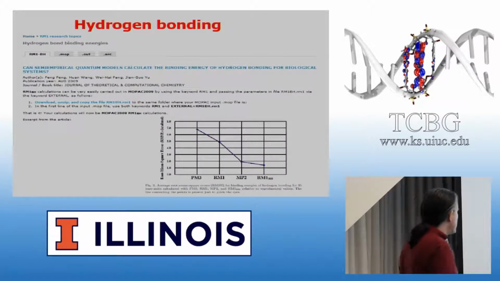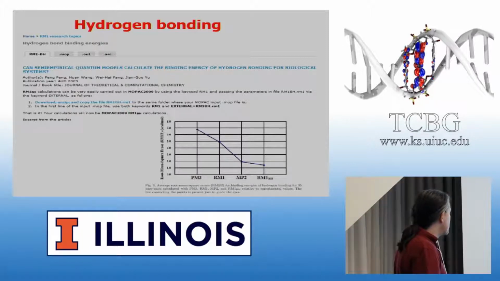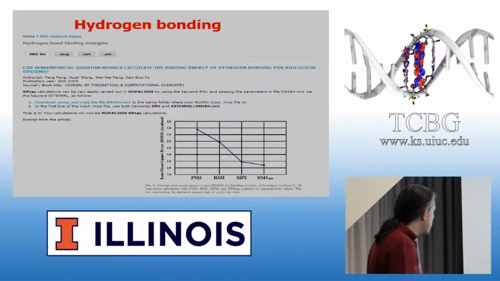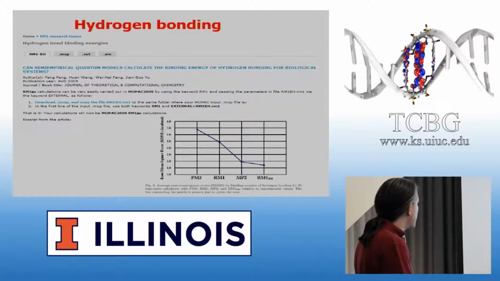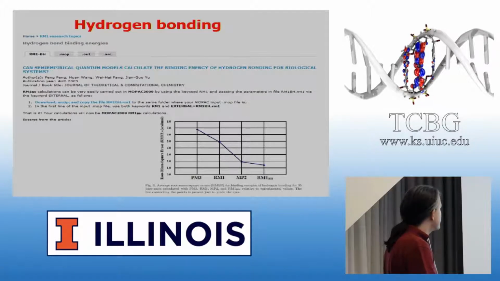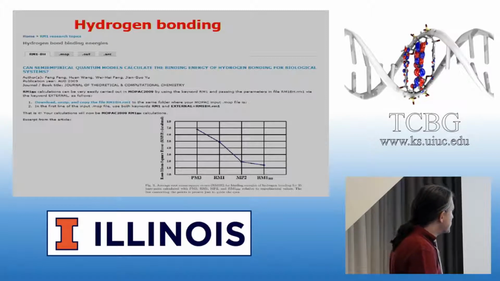Today, you can find many improvements on the RM1 in the literature. That one accounts for hydrogen bonding, and in that journal you can find improvements of the RM1.